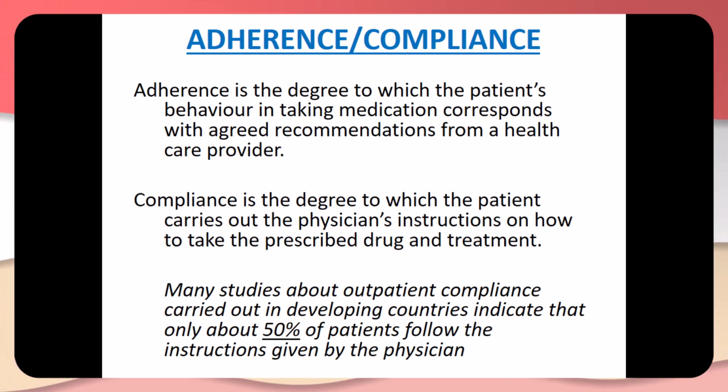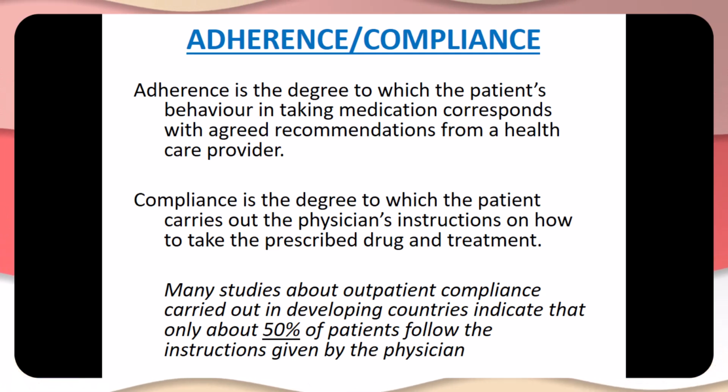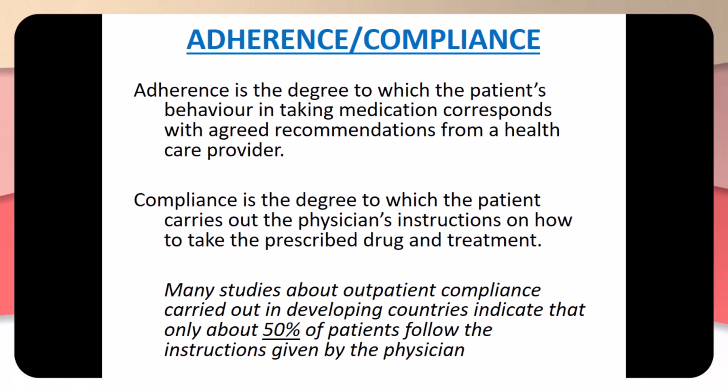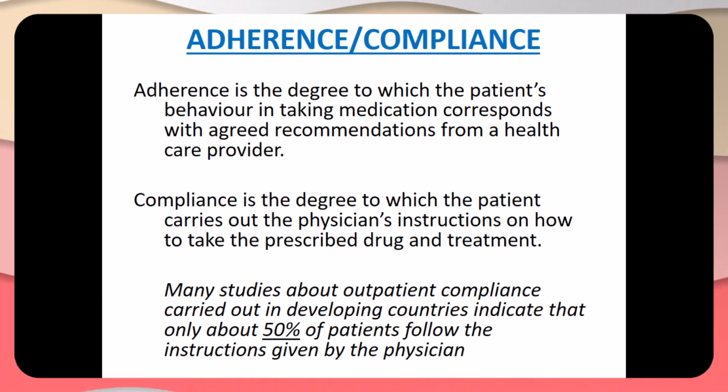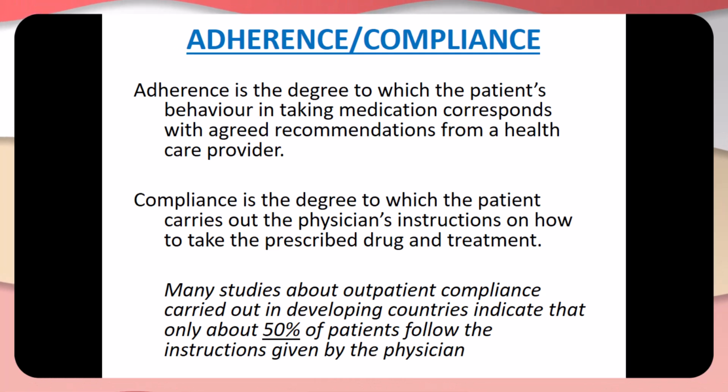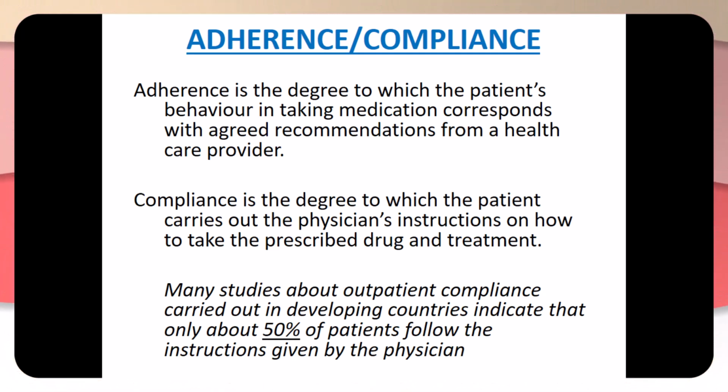We define adherence as the degree to which a patient's behavior in taking medication corresponds with agreed recommendations from a healthcare provider. How you handle your patient will determine whether this patient is going to comply with treatment or not.